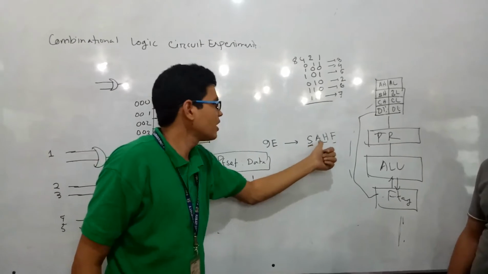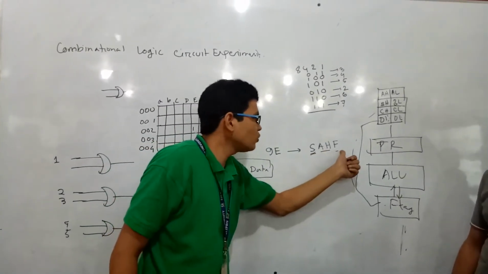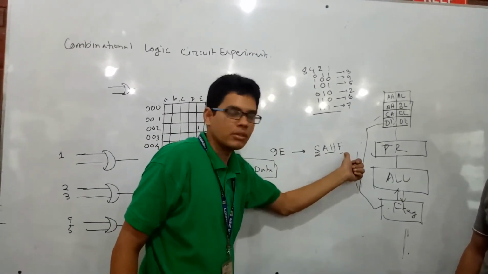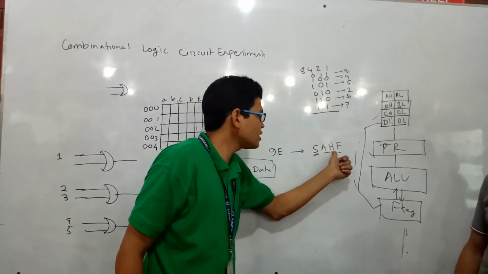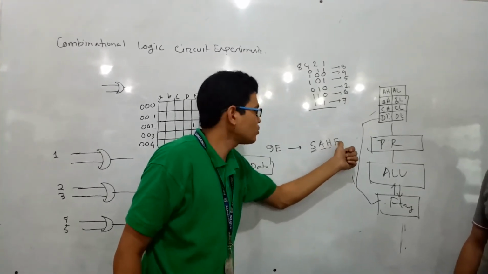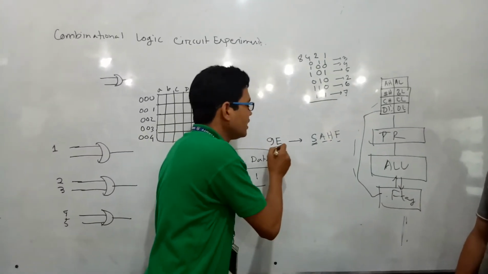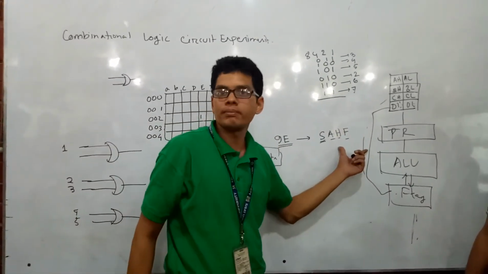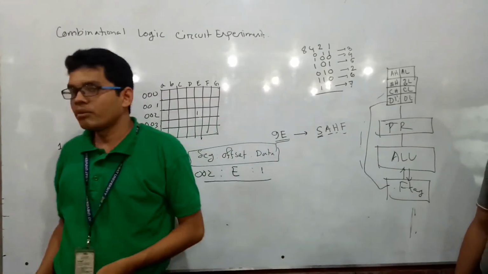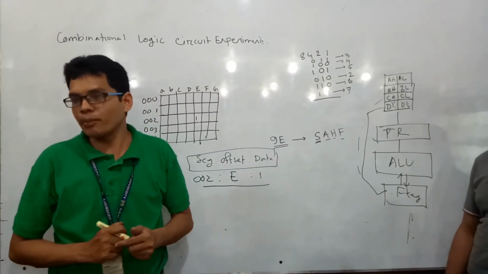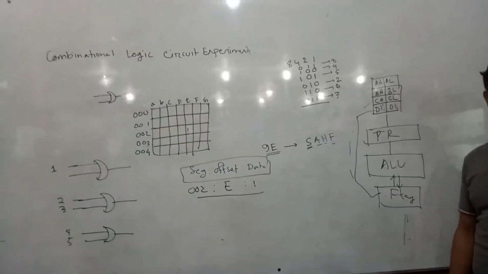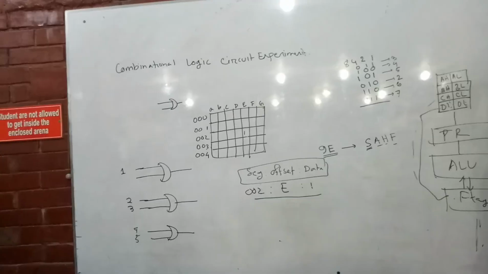This means shift the contents of AS into flag. I mean F. S for shift, the AS that means register AS, and into F that means to the flag. So that is how this code indicates this job done.